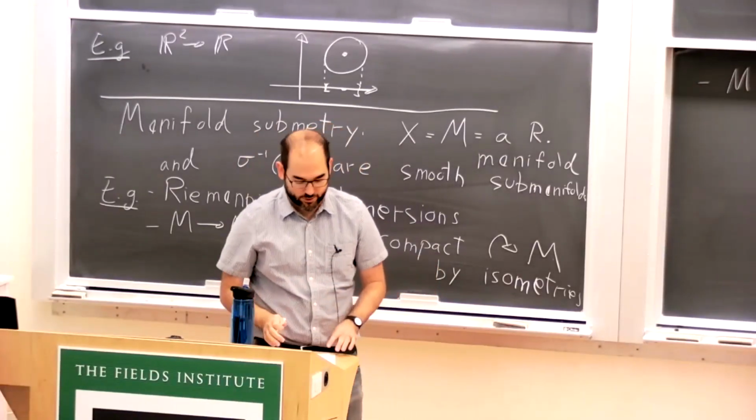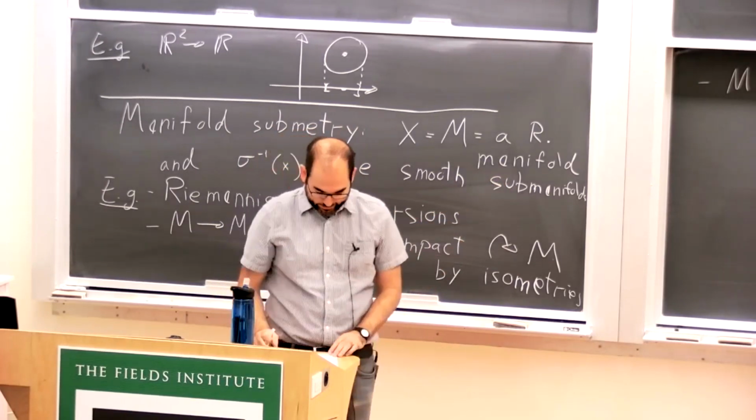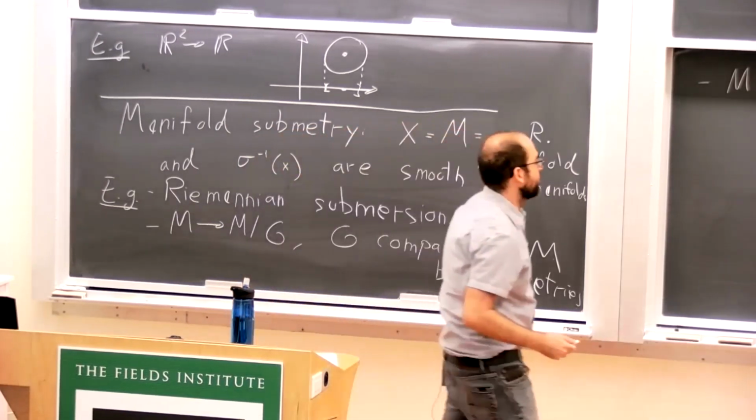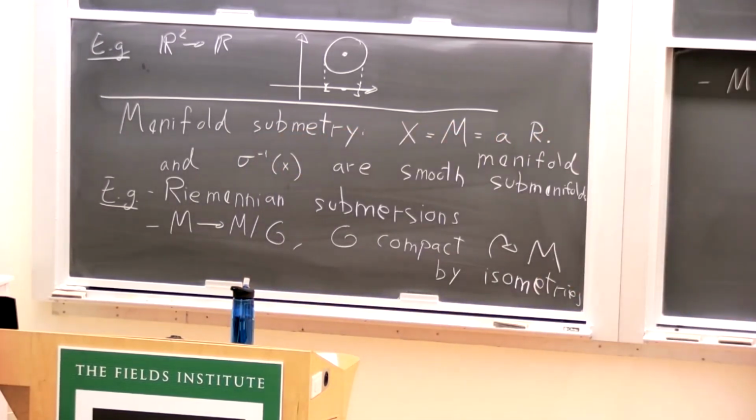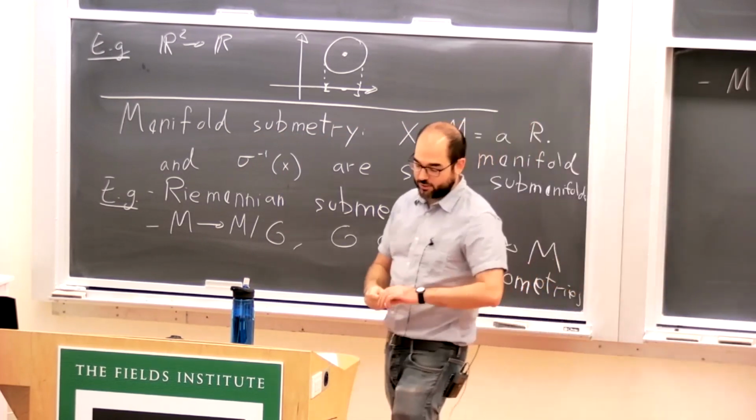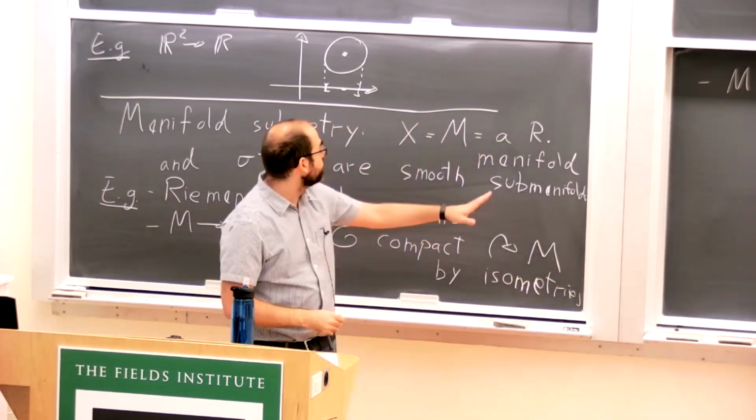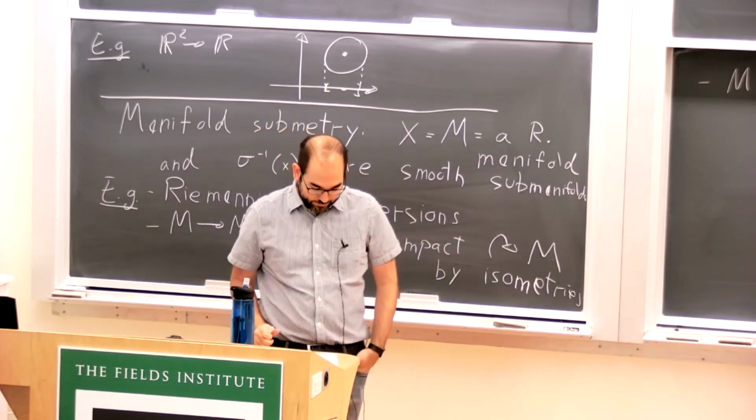That's the definition of a singular Riemannian foliation. Maybe I should say here, with closed leaves. In general, singular Riemannian foliations are not required to have closed leaves, but to be an example of this, you need that.